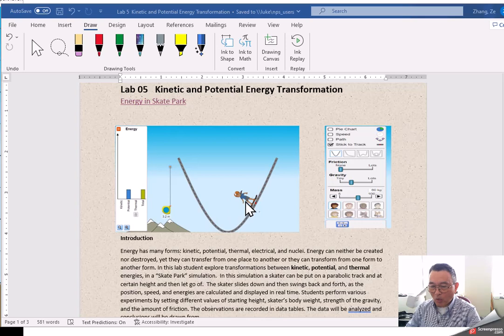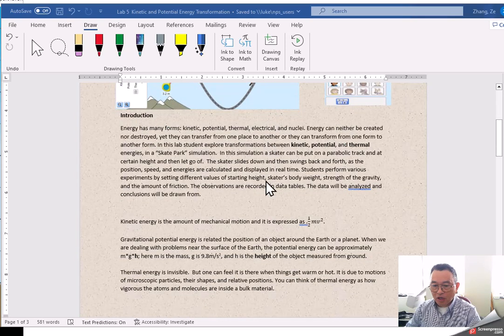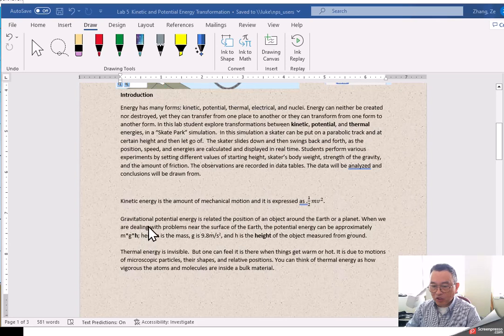When it is in motion, that's the kinetic energy. And when it is at a certain height, that's the new concept for you, the potential energy. The potential energy is related to the position of an object around the Earth or a planet.